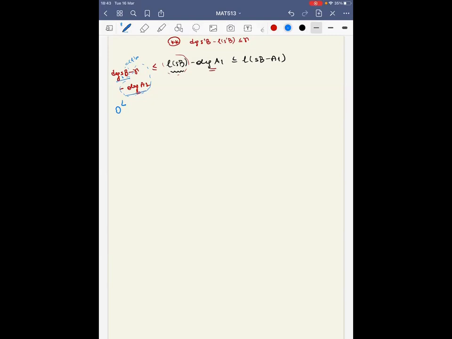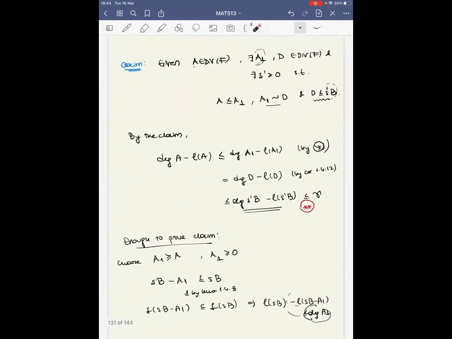So that means we can choose S sufficiently large such that we get this inequality. And up to this step, we showed the existence of the divisor A1 and the S prime.